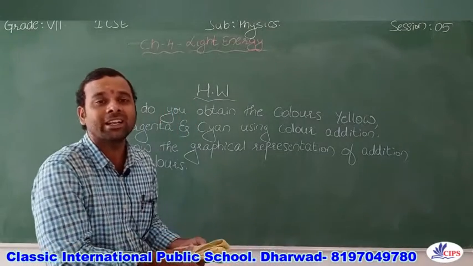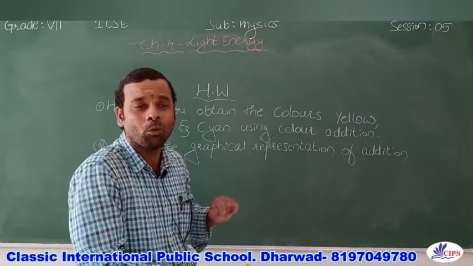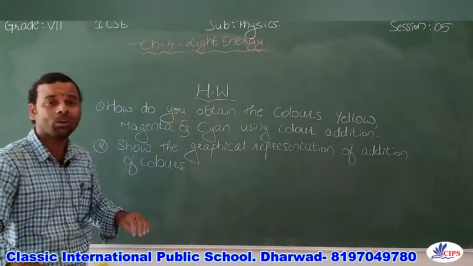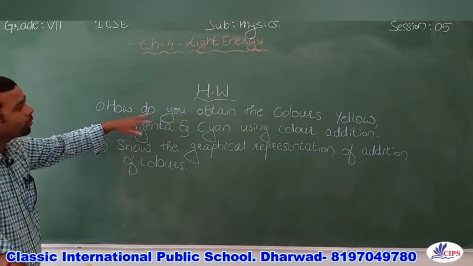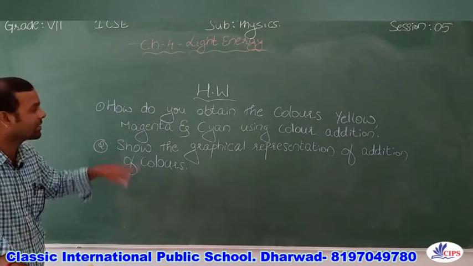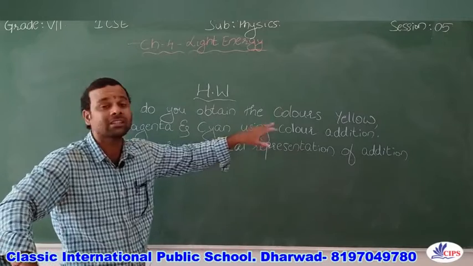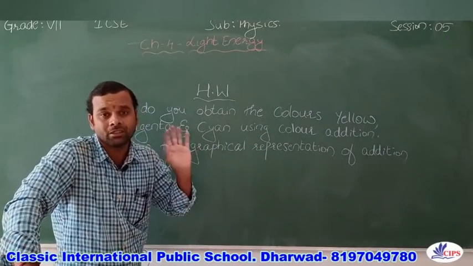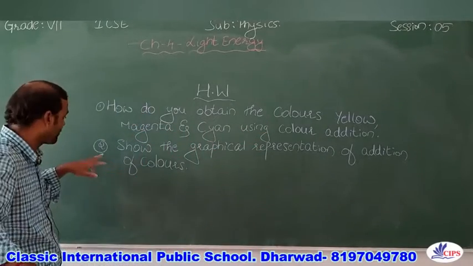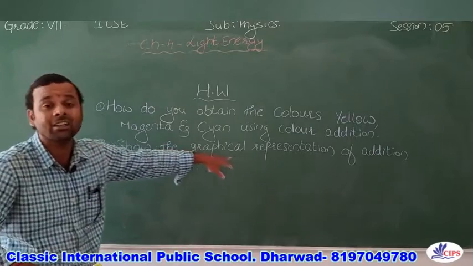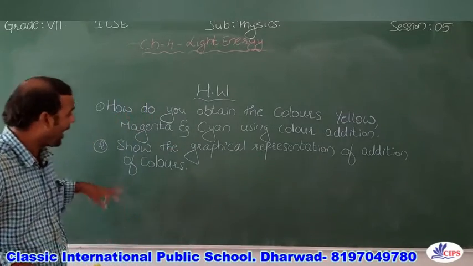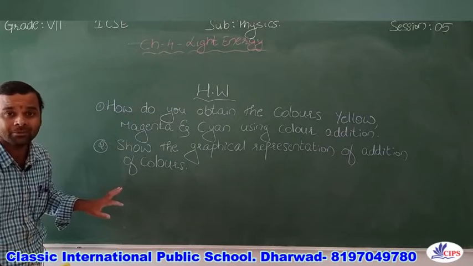Okay children, so let us end this session with a homework, right? The homework for today's session is, how do you obtain the colors yellow, magenta and cyan using the color addition system? Then show the graphical representation of addition of colors. Clear?